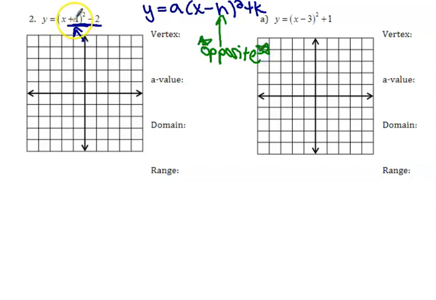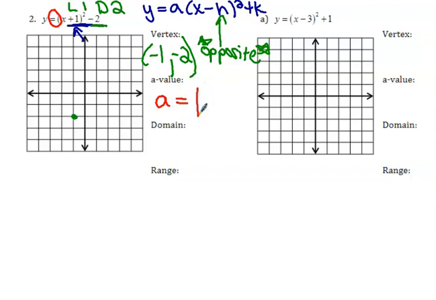So if it says +1, you're going to write a -1, okay? And then the k is as it looks, so that's -2. So my vertex, what this means is left 1, down 2. So left 1, down 2 is my starting point. The a value, there's nothing in front of the parentheses, so your a equals 1. All right?